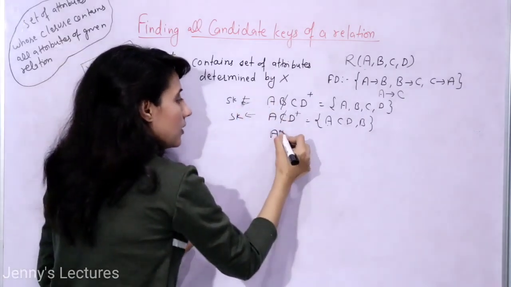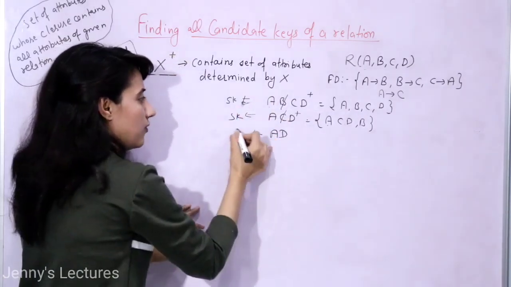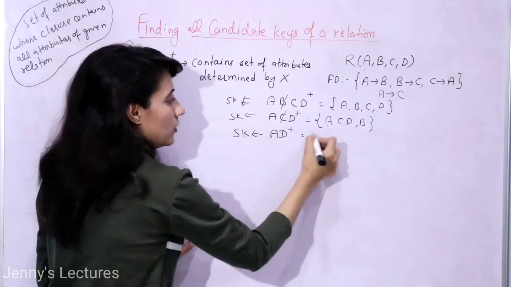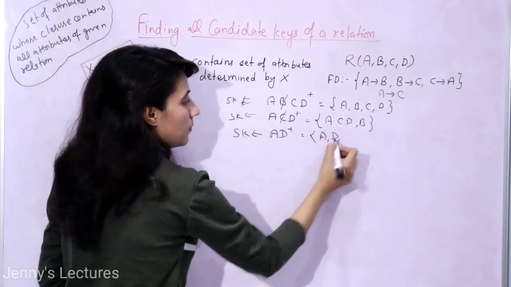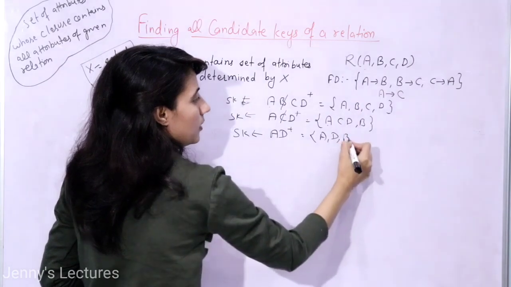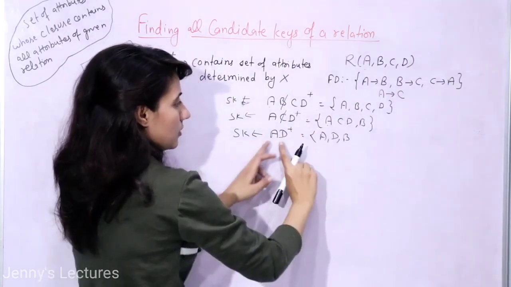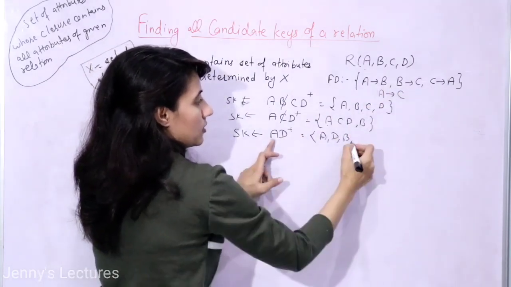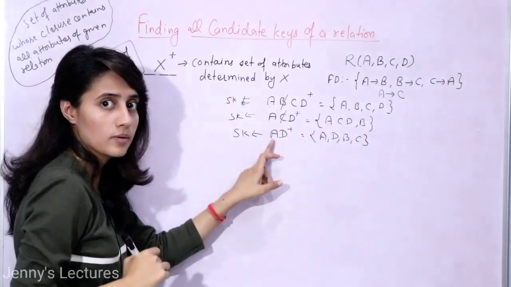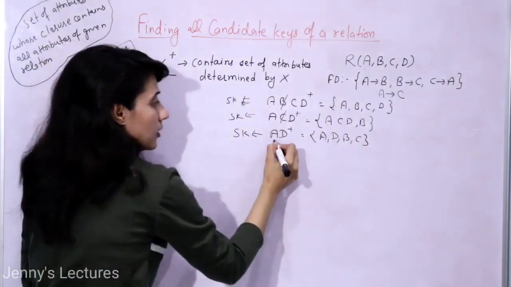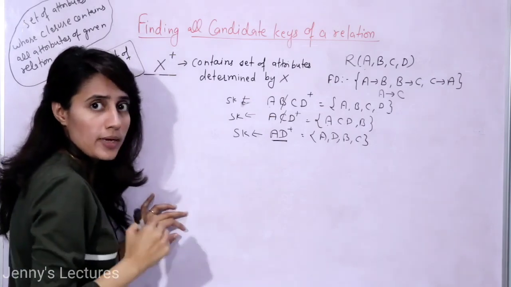Now A, D. This would definitely be a super key because the closure of this would be A, D. Using A I can determine B, and using A I can determine C also. Now can you discard any other attribute from A, D?